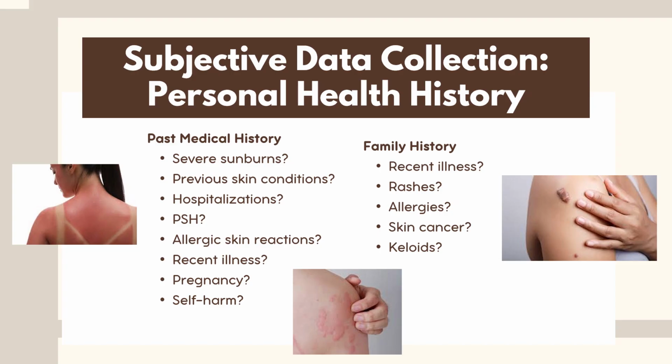Also, in our female population, are they pregnant? Many times with pregnancy, you can have those skin and hair conditions change due to that hormonal imbalance. Do they have a history of self-harm or injury that you may be able to see, like cicatrix from that scarring?